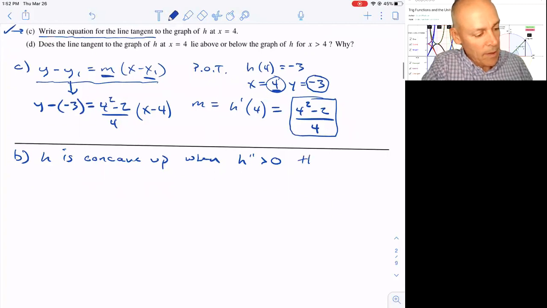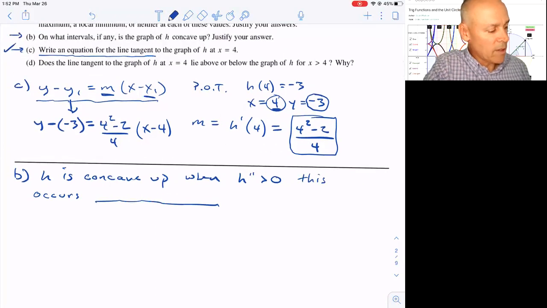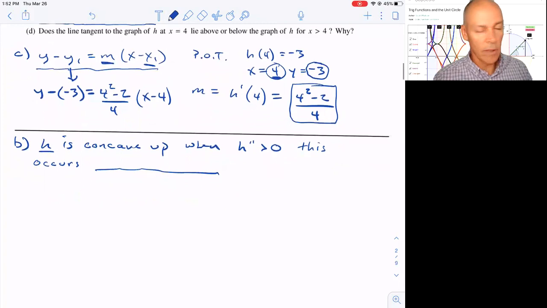This occurs, and then I'll drop in my answer. Okay. Well, what I need to do, since I'm looking to see an indication of where H is concave up by looking at the second derivative, I need to examine the second derivative and then see what interval or intervals, if any, the second derivative is positive.